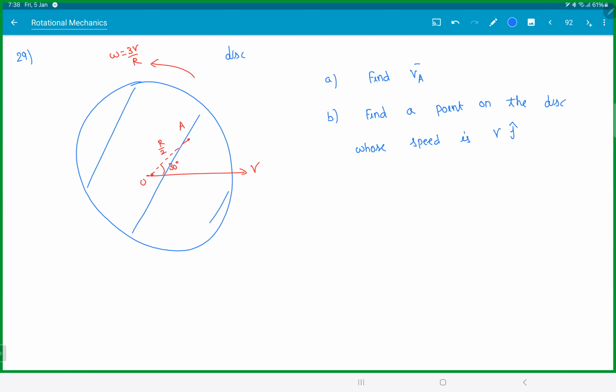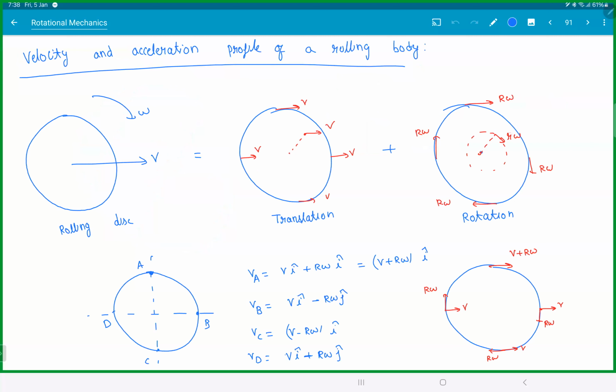So velocity profile is a simple idea. Velocity of any point on the disk is simply translation plus rotation. You can add it up. I think let me write a statement here.